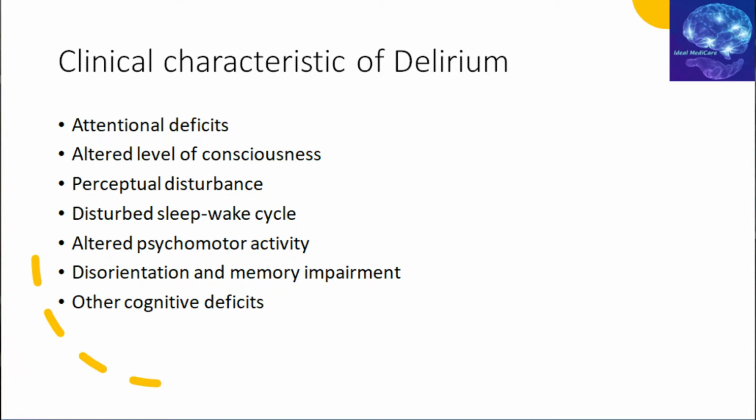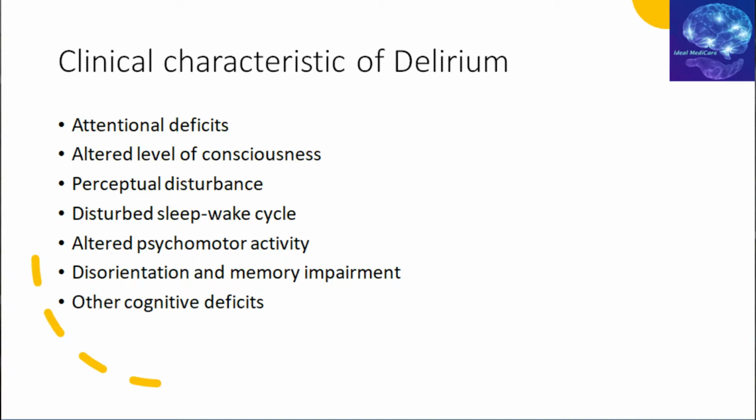There will be disorientation and memory impairment that could be part of the cognitive deficit as a baseline, but we have to make sure, and more importantly, these patients are, first of all, disoriented to time, followed by place. Usually they are able to identify themselves, but most of the time it's the time orientation which goes away very quickly early on.